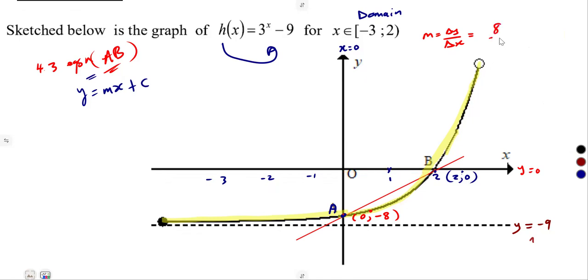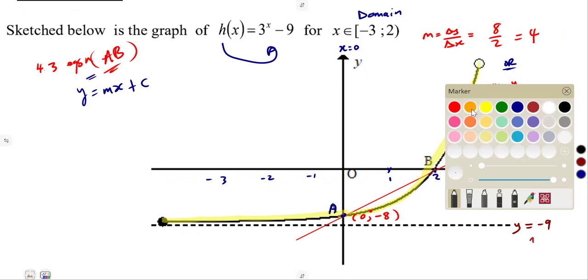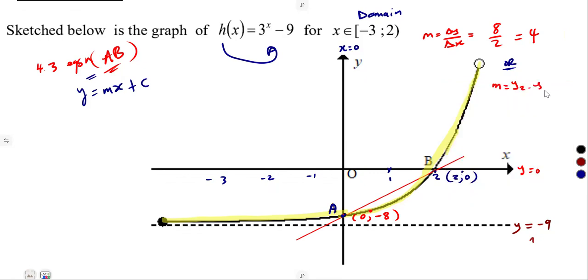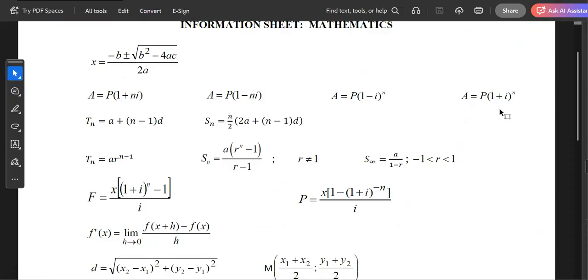So that is 8 over 2, which is 4. So you have your gradient. Or you can use the formula, m being the change in y over the change in x, that is y2 minus y1 over x2 minus x1. You can use any formula that you wish to apply, as long as you consider this part.